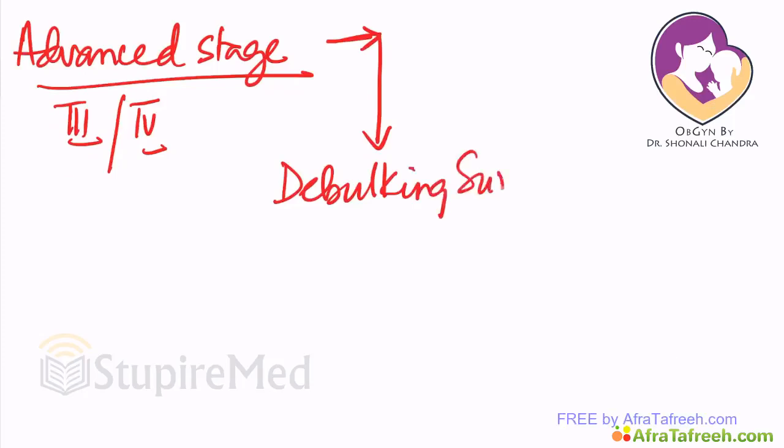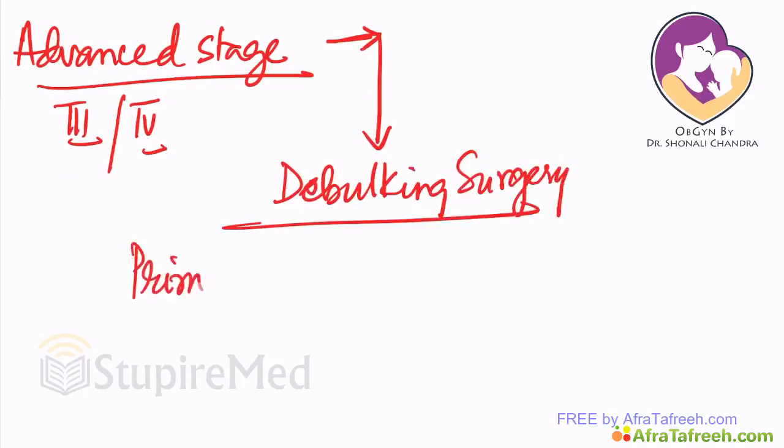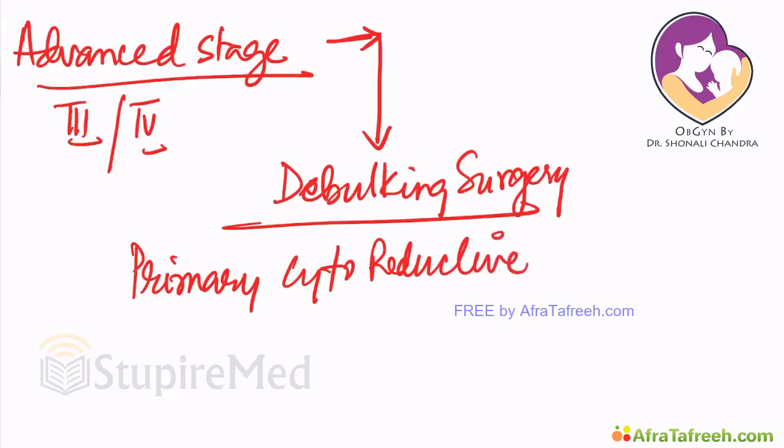Debulking surgery means remove as much as is possible. This is also called primary cytoreductive surgery.